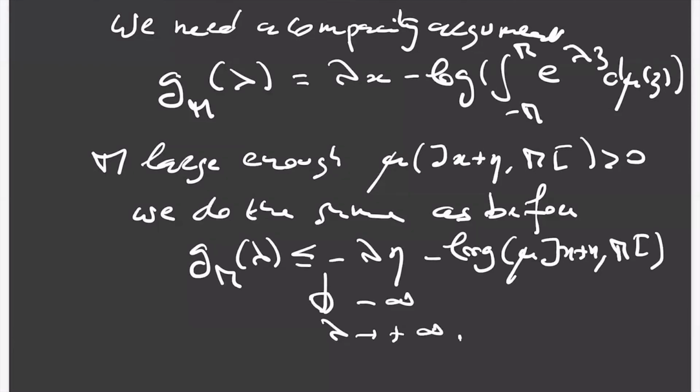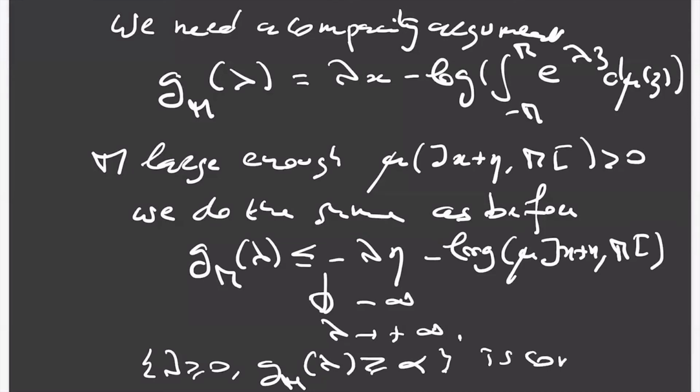And so this means that the set of lambda which are non-negative, such that Jm of lambda is greater than alpha, is compact, whatever alpha. This is a level set. Maybe empty, but it's compact.